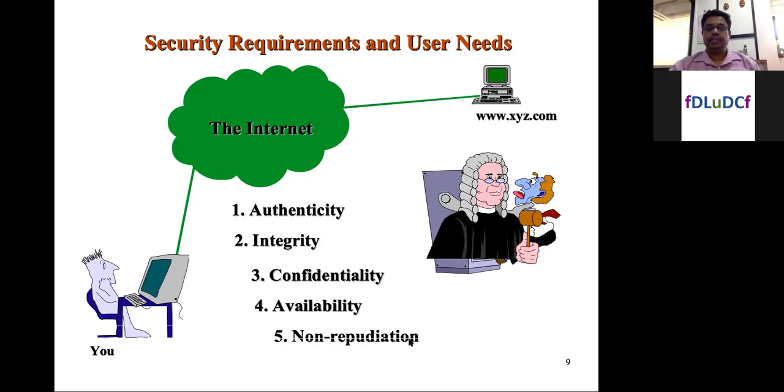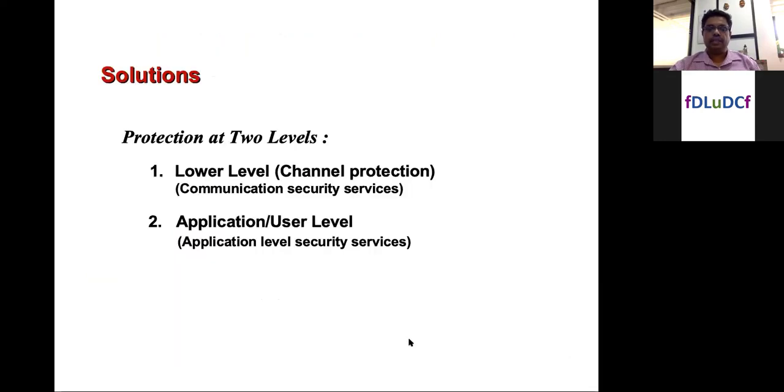If you need these features, we need to use additional protocols. The additional protocols or security controls can be implemented at two different levels. We can implement them at the lower level, that is the communication level, or at the application level, that is in our web application.